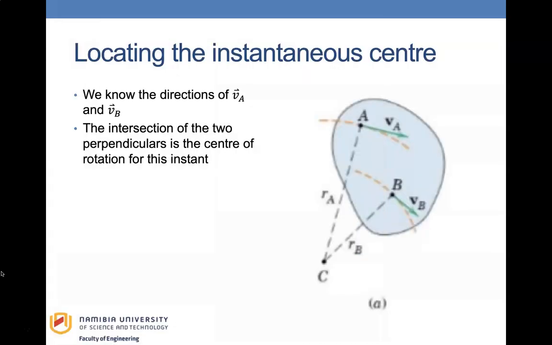Now consider this figure. Assume we know the directions of the absolute velocities of any 2 points, say A and B, on the body that are not parallel.